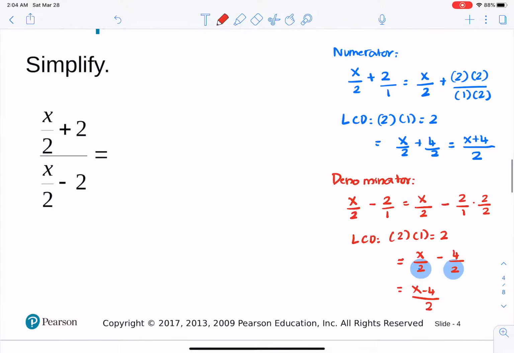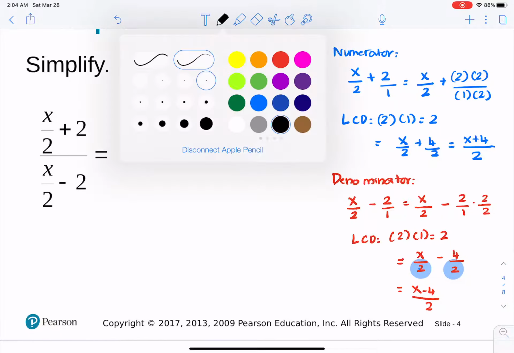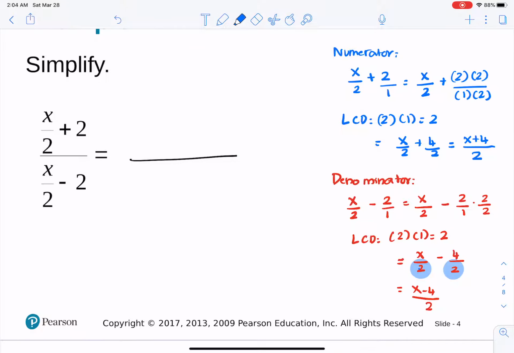So we rewrote the numerator as x plus 4 over 2, and the denominator we rewrote as x minus 4 over 2.